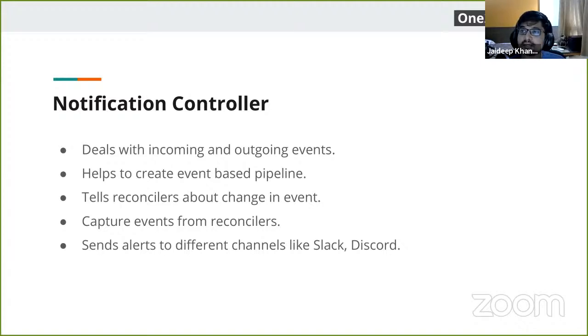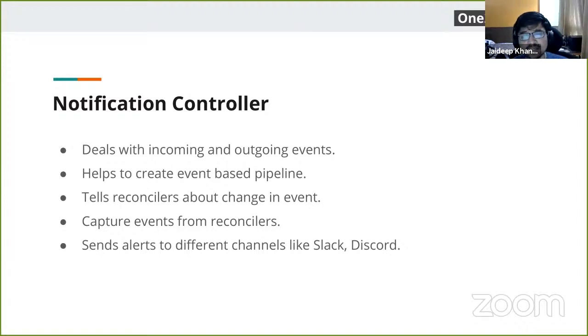Notification controller has a CRD which can be exposed via a load balancer, and you can configure Git hooks or Jenkins to send in any kind of event, which can be taken by the notification controller. Notification controller tells the different controllers about any change in event for reconciliation. Any reconciliation events are taken care of by the notification controller, and it also captures events from reconcilers.